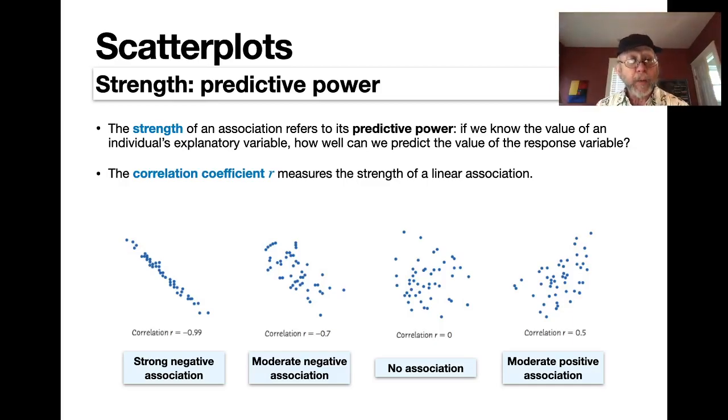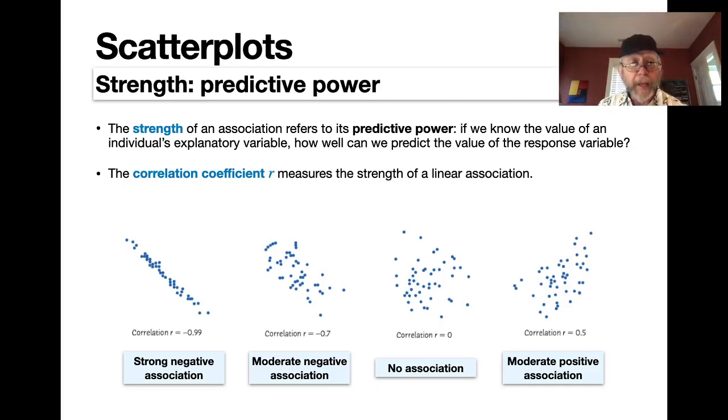And so the two scatter plots in between are kind of intermediate steps. The second one from the left, the moderate negative linear association, has a correlation value of negative 0.7. So again, the negative sign indicates a negative association.